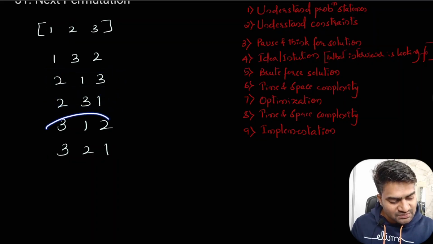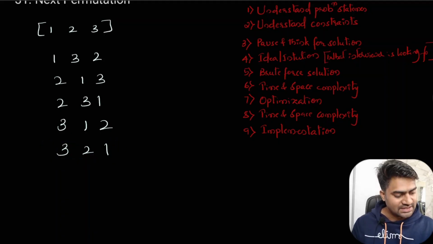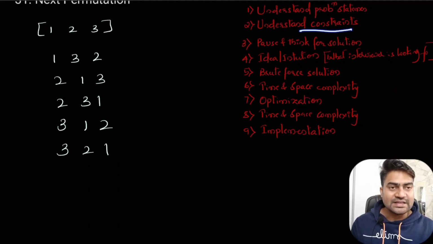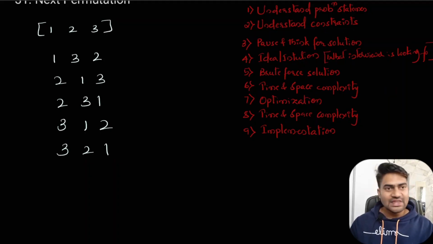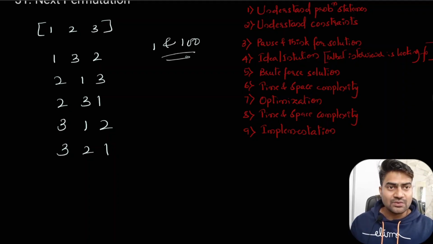If they give this one, then we will have to return this one. So this is what the problem states here. With that, we have also understood the constraints. Our array length will be between 1 and 100. So this is the problem statement.